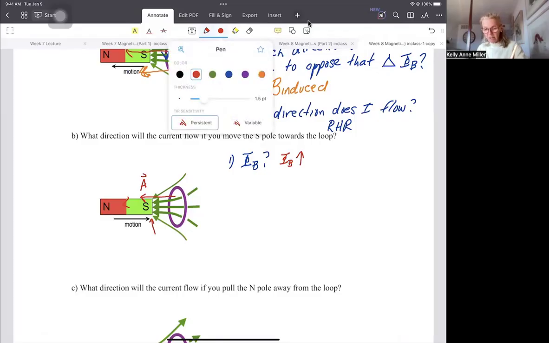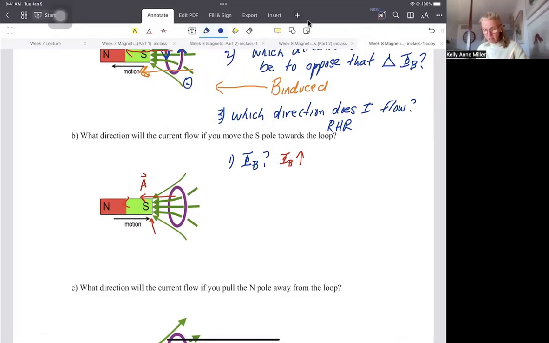Okay, second question. Which direction will B induced be? Remember that's going to be in whatever direction it needs to be to oppose the change in flux. So the flux is getting stronger, and it's getting stronger to the left.